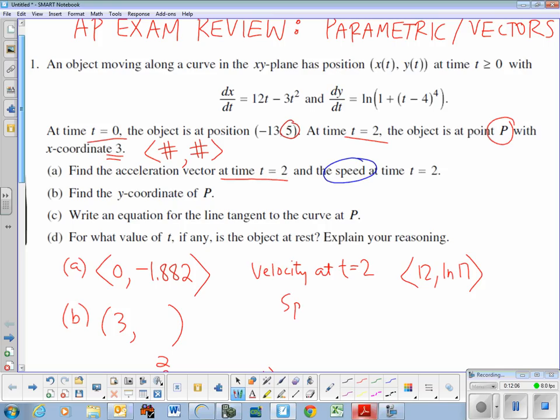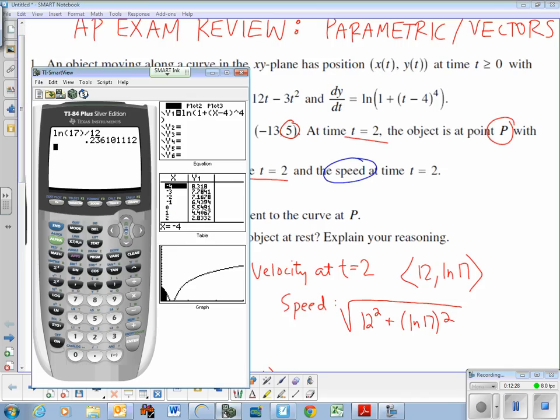My speed is pretty much a Pythagorean theorem made out of those two numbers. It's the square root of 12 squared plus natural log 17 squared. Speed takes into account the x and the y velocities, but it does not take into account direction. We just want to know what the speedometer would be if this thing had a speedometer.